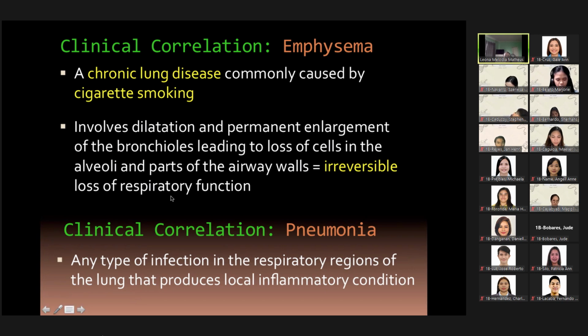Now, it can cause irreversible loss, of course, of your respiratory function. I would just like to briefly describe pneumonia, which is a condition caused by infection in the respiratory regions of the lungs. Okay, and this produces inflammatory changes in the lungs. It can actually be due to viral or even bacterial infection.